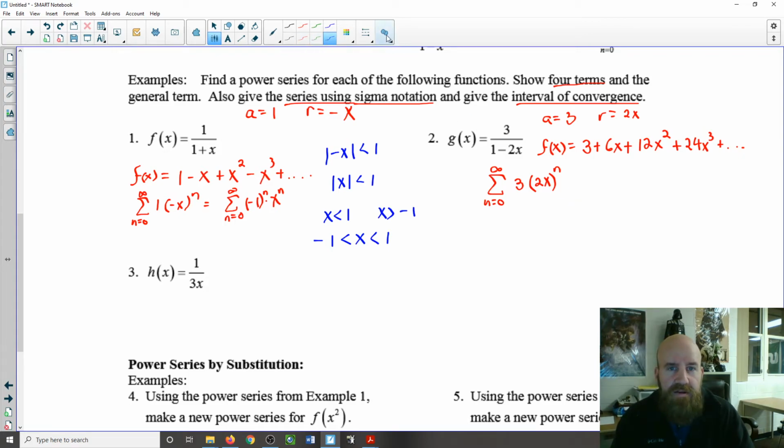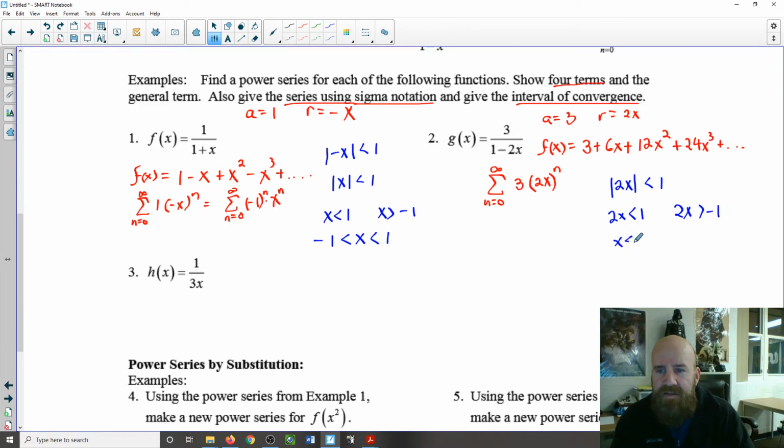Now we are finding the interval of convergence. So again, our r value, the absolute value of it, has to be less than 1. So absolute value of 2x is less than 1. So again, we're going to split this. We're going to say 2x is less than 1 and 2x is greater than negative 1. I'm going to solve these out.